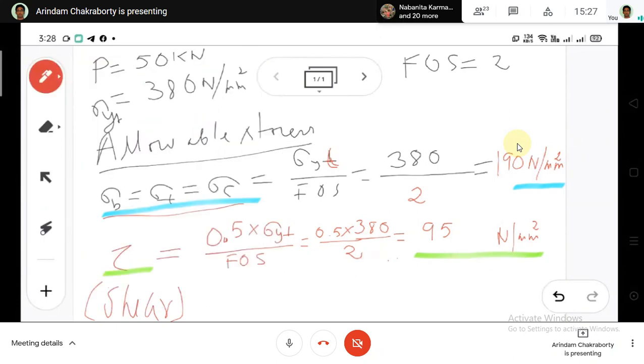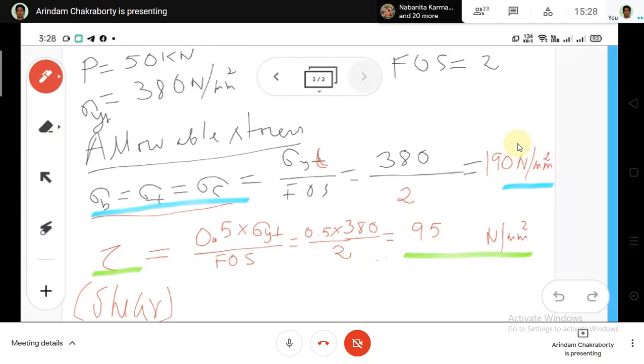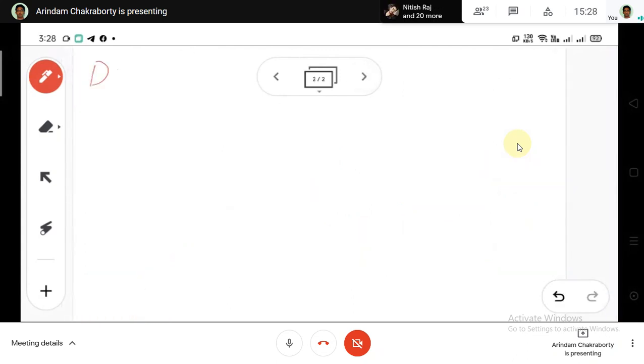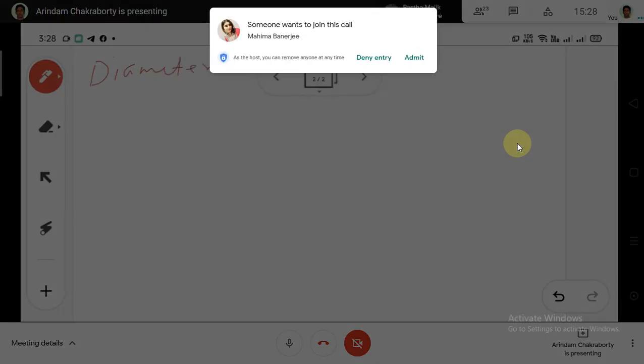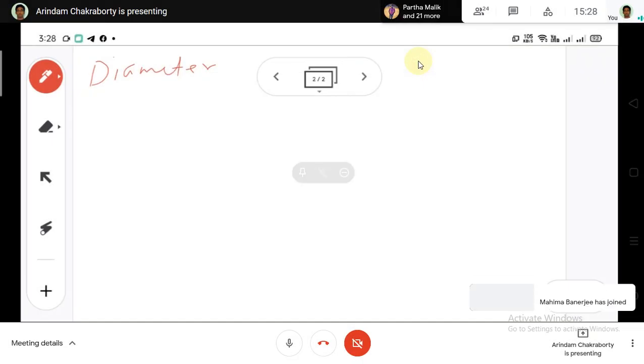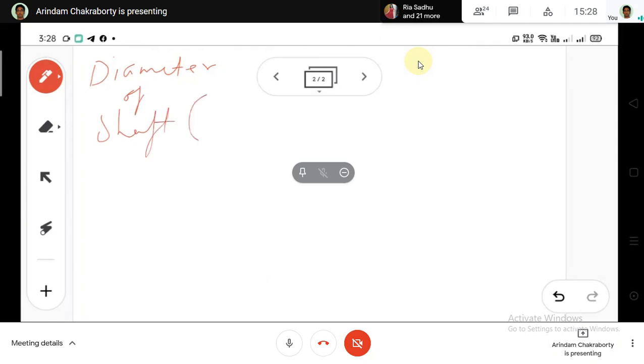Now after that, the second step is the diameter of the shaft. The diameter of the shaft is represented by capital D. As we know, the shaft is carrying a tensile load.